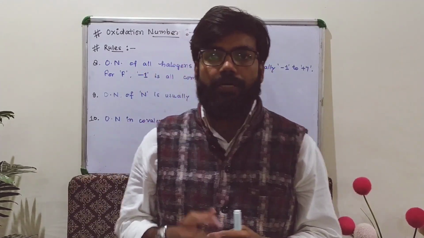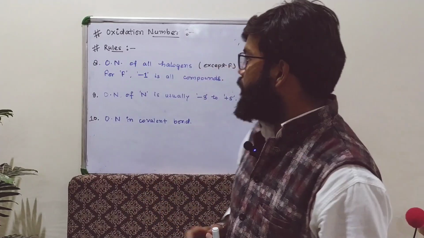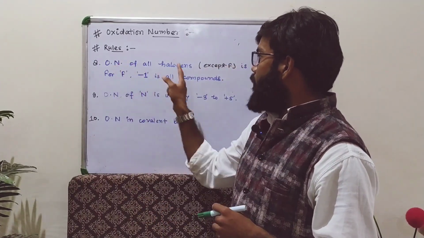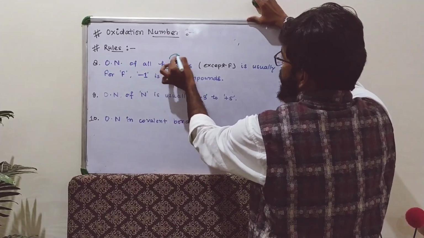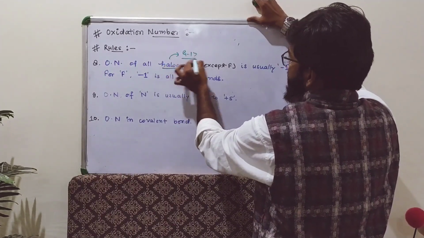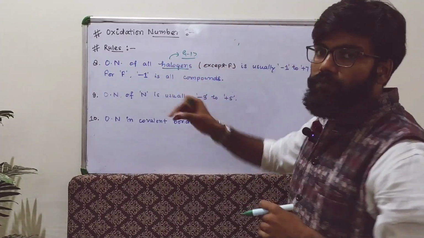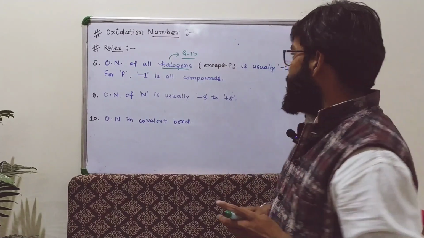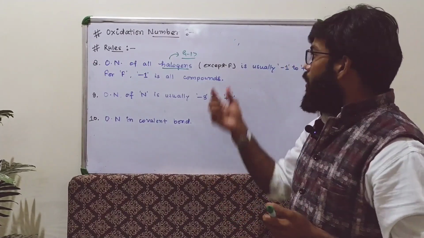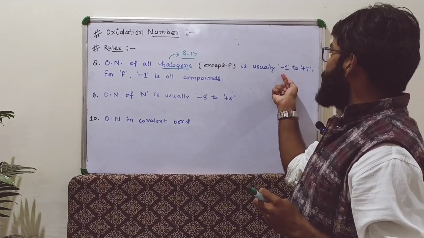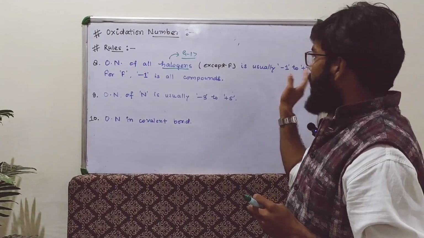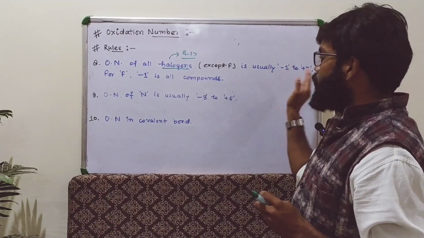Now let us come to the 8th rule. What is it saying? Oxidation number of all halogens. Halogen means group 17 elements. So group 17 elements, fluorine, chlorine, bromine, iodine, are generally considered. So from them, except fluorine, it usually varies from -1 to +7.